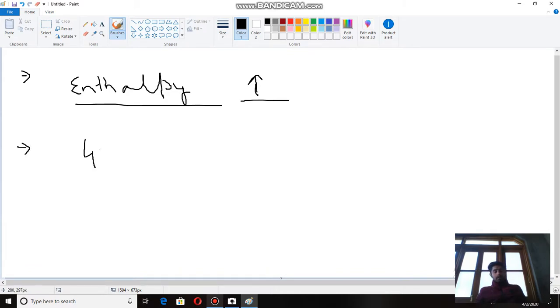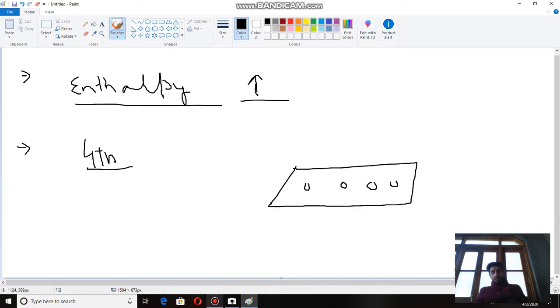And the fourth one is, see, in this chemical adsorption, there's a kind of chemical bond between these particles. So these particles form a layer over this surface. These are the foreign particles which I am trying to draw over here.